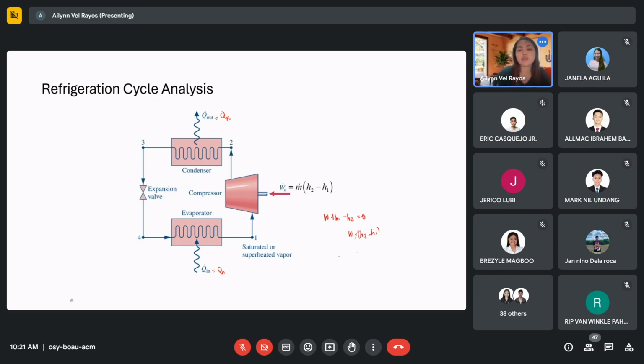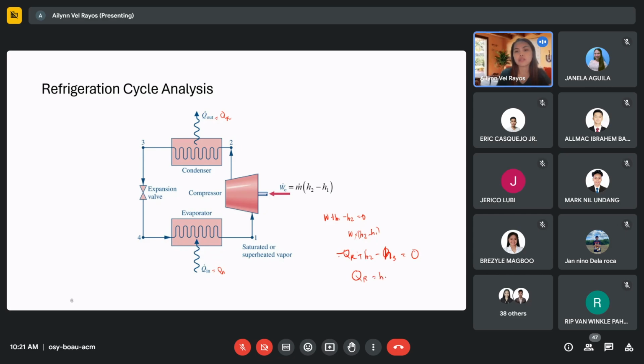So, same with the condenser. So, papasok, palabas ang QR. So, QR palabas, that is negative QR. Then, papasok H2. So, plus H2 palabas H3. So, 0. So, to get QR natin, lipat lang natin sa kabila kasi negative naman to.